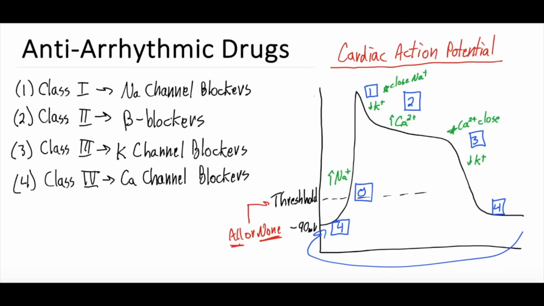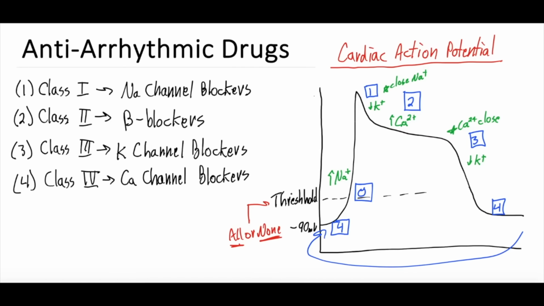For instance, class 1 antiarrhythmic drugs are sodium channel blockers. There are actually subclasses, class 1A, 1B, 1C, but these are things like procainamide, lidocaine, flecainide. Check out our class 1 video when we come out with it to go into more detail. But what these do is they block the sodium channels in phase 0.